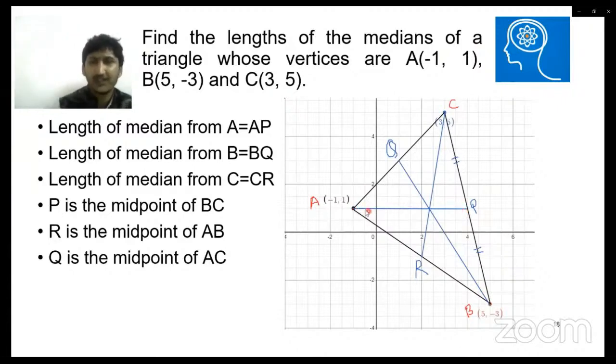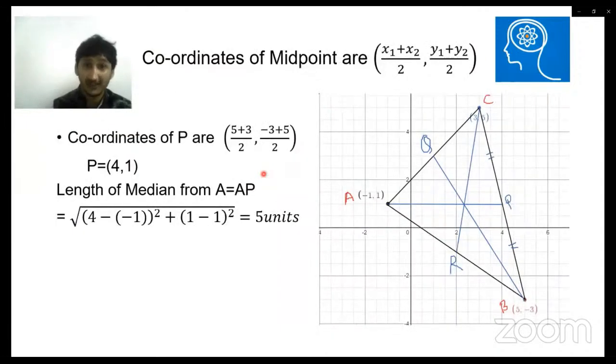So AP will be a median, CR will be a median and BQ. So if we find out the length of AP, BQ and CR, we can easily find the lengths. But for that, first we will have to find out the coordinates of point P. So the coordinates of point P can be found using the midpoint formula.